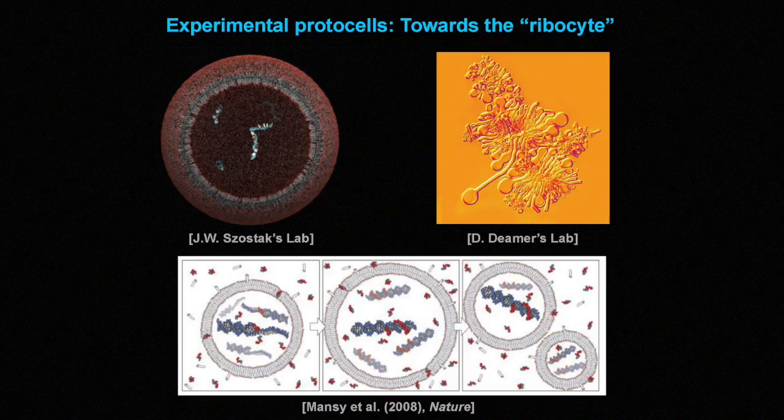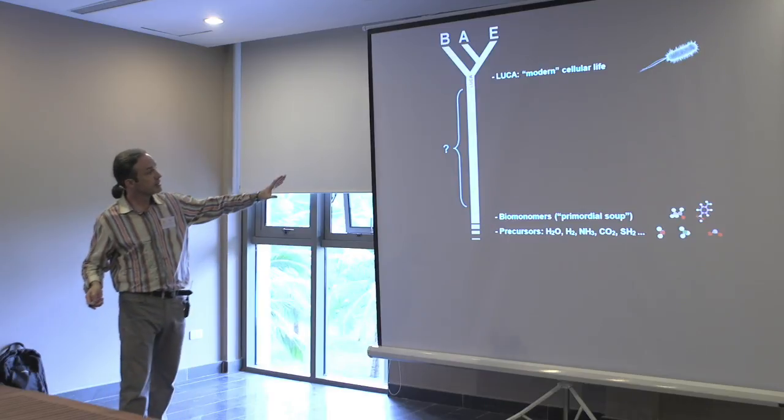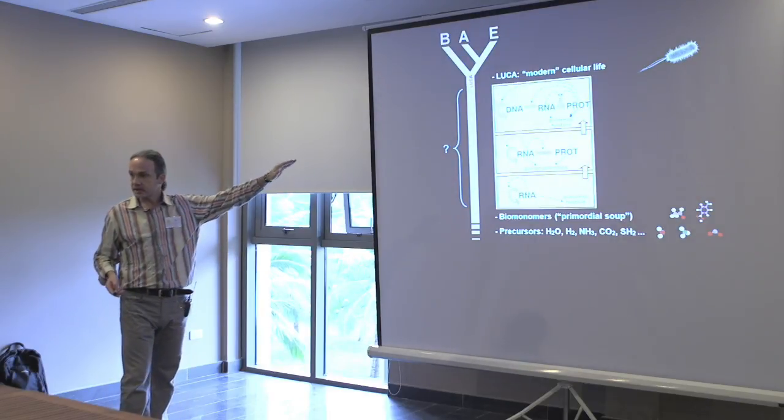So Jack Szostak's lab is a pioneer in this kind of work, together with Pierluigi Luisi in Italy, and David Deamer in the States also. And they have interesting models of the replication of the whole system. So they are working towards the experimental design of a possible ribocyte that could resemble this pre-cellular world. So, okay, we are able to fill a little bit this gap.